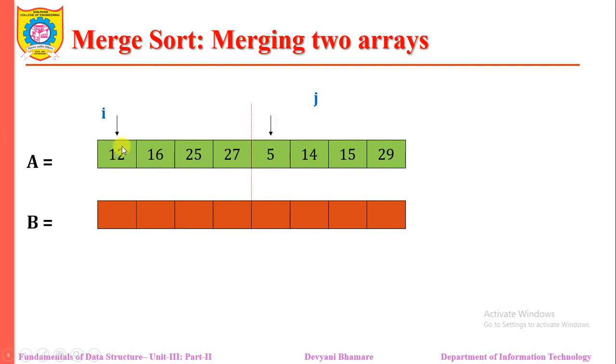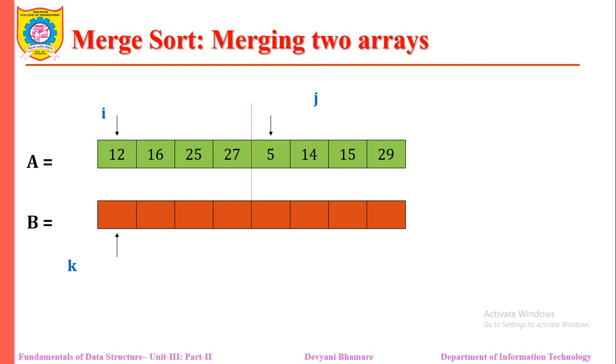Then A of i and A of j are compared, and depending upon their values, the smallest element is copied into the external array B. To keep track of how many elements are in B, we require one counter k.